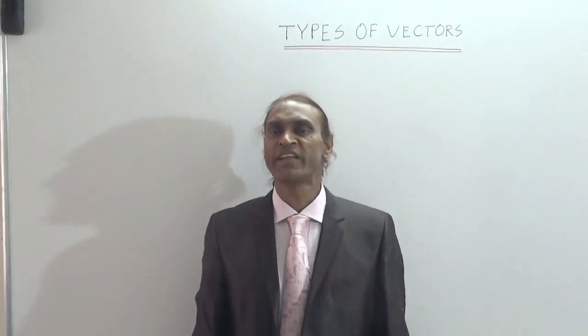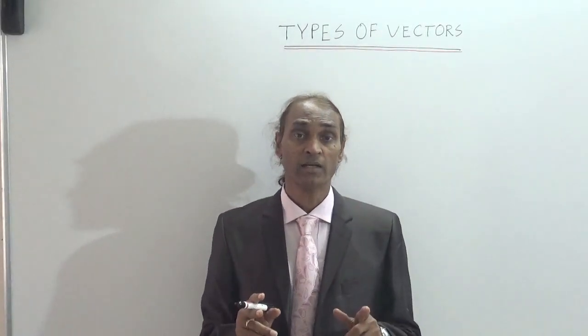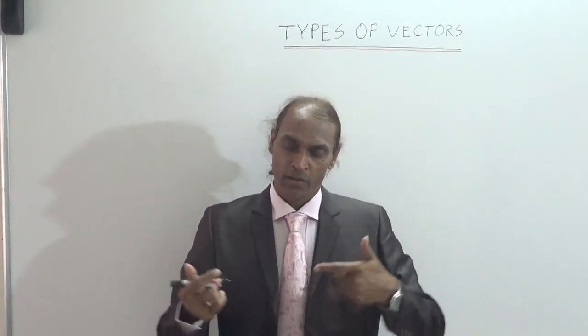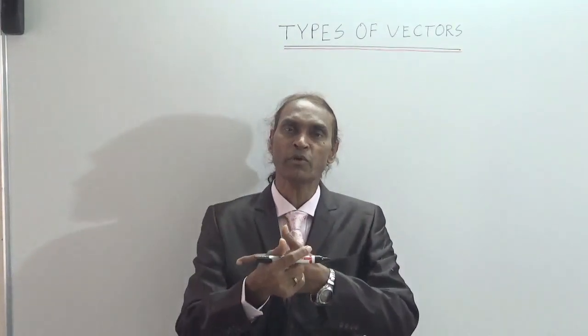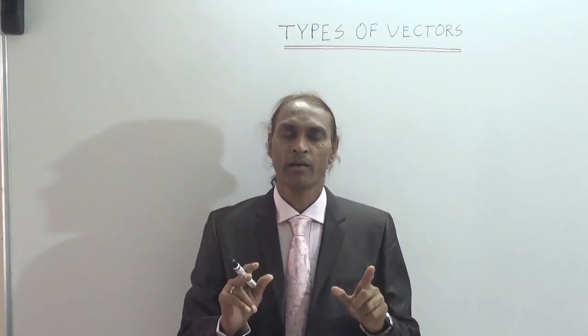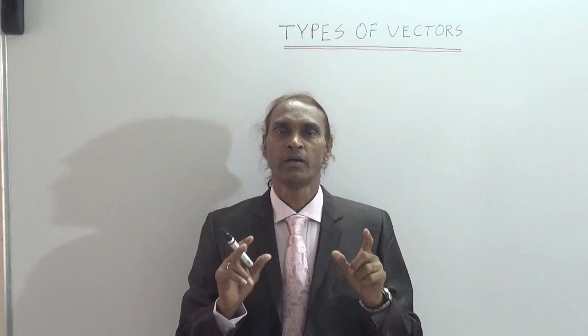Now let us talk about the negative vector. Two vectors are called negative vectors only when they are pointing in opposite directions, but they must have equal magnitude.